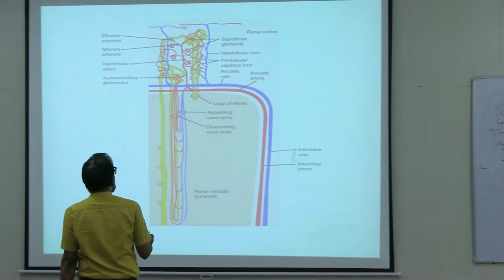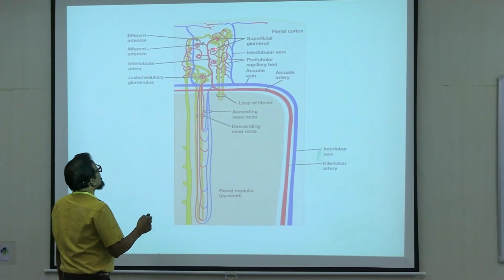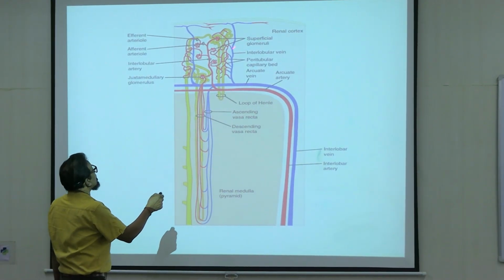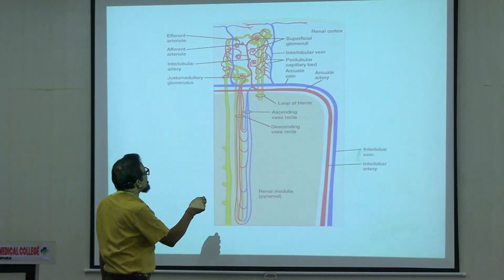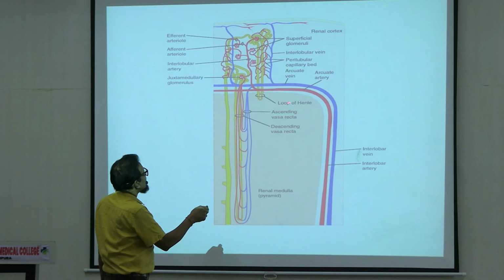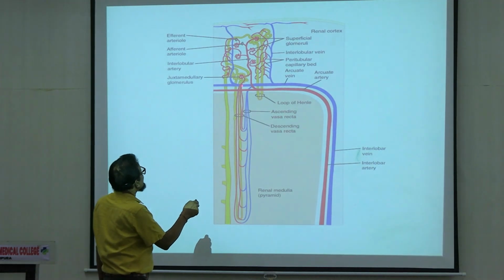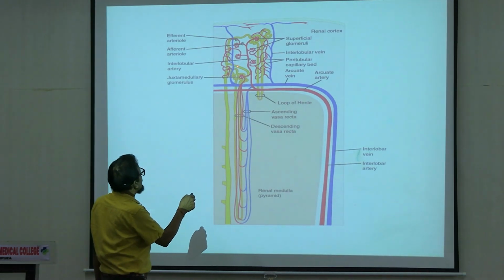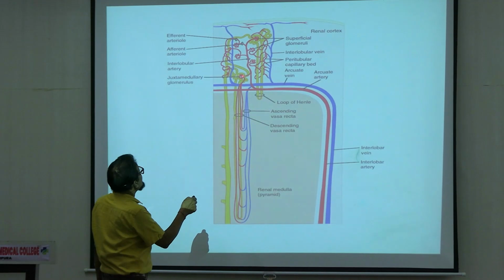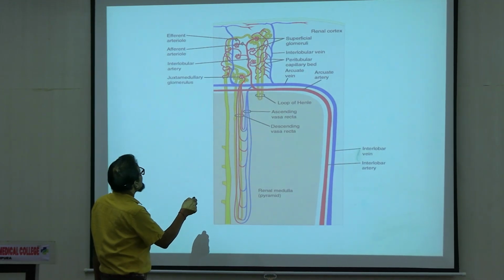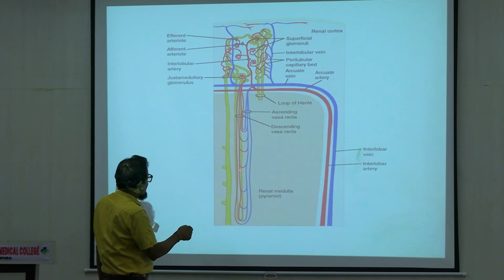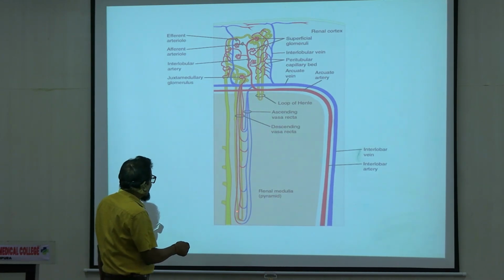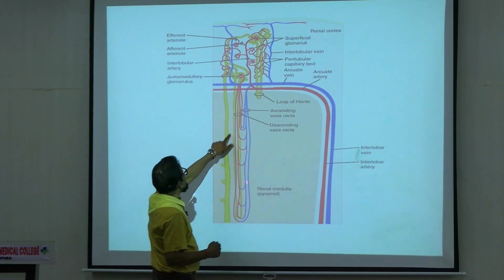Now see, this is the cortical nephron, and see its loop of Henle is very short. And this is the juxtamedullary nephron, and it is descending. So this is descending, this is the loop of Henle, and now the ascending loop of Henle, the yellow one.